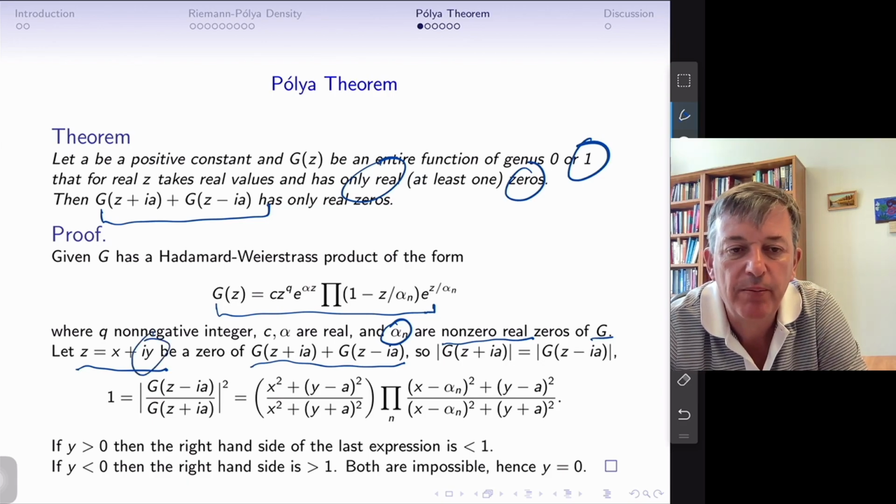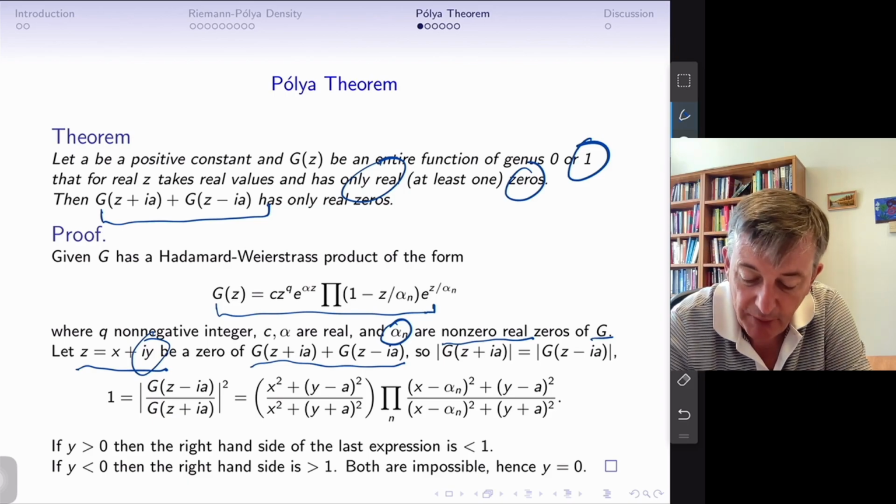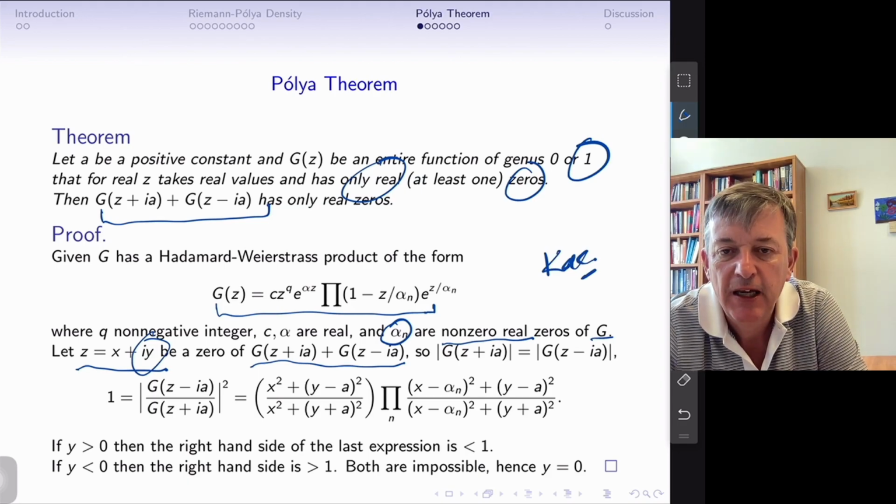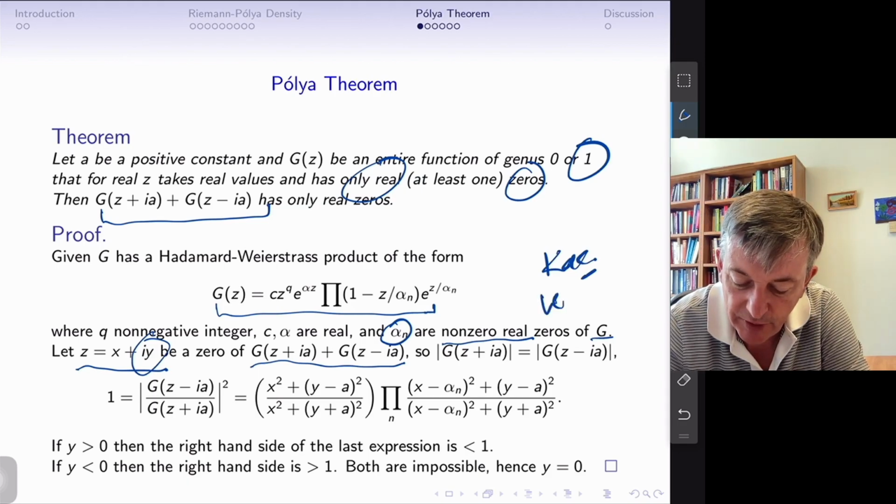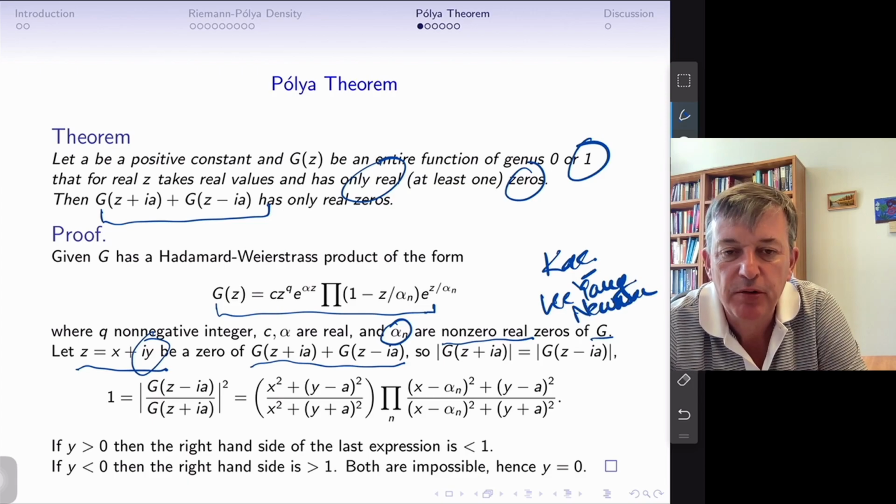You just want to show that y must equal 0, so it must have real zeros. And again, as I said, Mark Kac has a very nice discussion of this for spin systems, and essentially that became the basis of Lee-Yang theory. And Newman also has a nice discussion of this, something called ferromagnetic random variables. And it's a very clever, cute little proof.